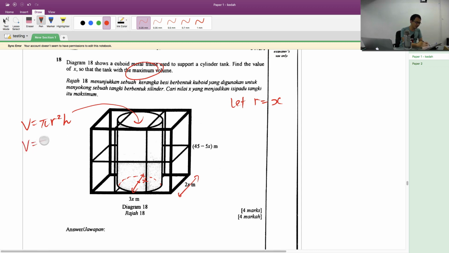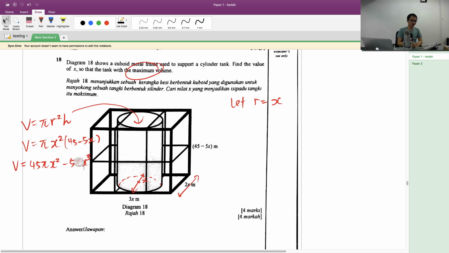So my volume is pi, my r is x, x squared, and this is my height, so it will be 45 minus 5x. Expanding the volume, this is 45 pi x squared minus 5 pi x cubed.